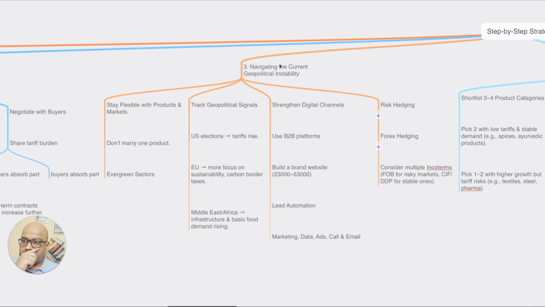Okay, so navigate the current political instabilities. Stay flexible with the products and markets. Don't just get married to it and say, okay, I'm doing this, that's all I have to do. If you are a manufacturer, you don't have another option. But when it comes to merchant traders, you can still switch your products and look for evergreen sectors.